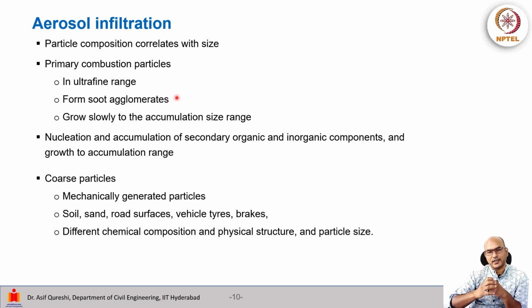So from ultrafine they can slowly grow up to the accumulation range. So we will have nucleation, and then once this accumulation is happening on top of the nucleating particle, you can of course have organic as well as inorganic components. So I have written here secondary organic and inorganic components will grow and accumulate, and then from ultrafine they will go on to be in the accumulation range.